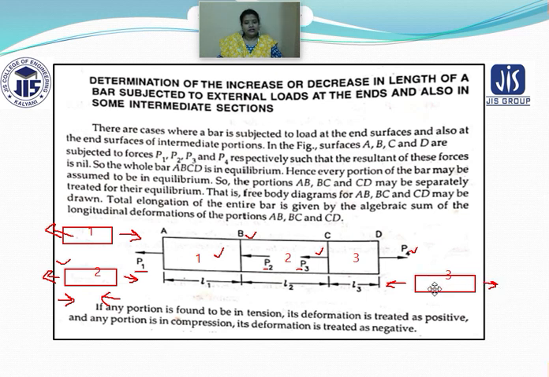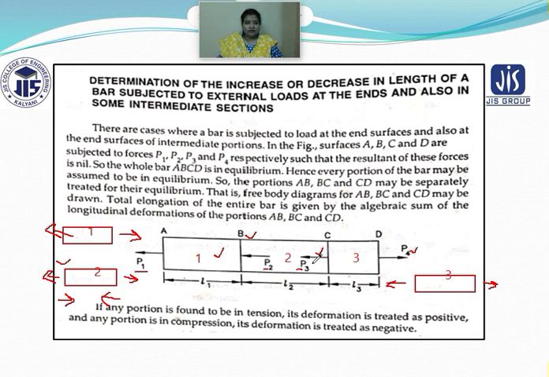Now in the third case, again the same thing: you can see that here you have got a tensile load, and suppose in the BC section you have got some compressive load. The compressive load you have got has a value of 2, but for 3 the load has a value of 4. So this tensile load is greater than your compressive load, and compressive load means negative load.